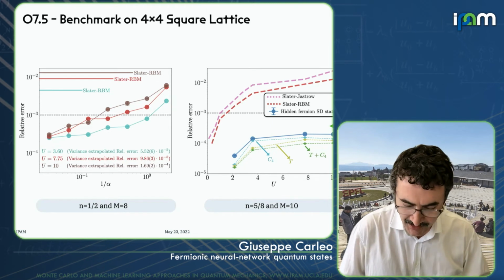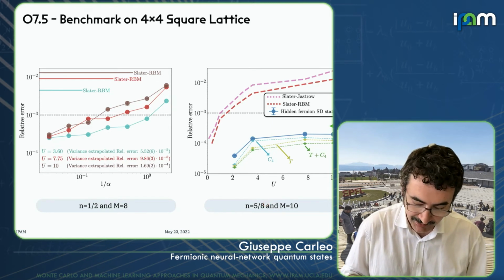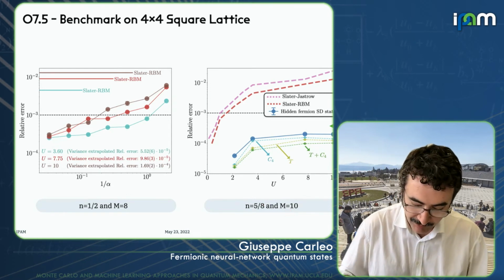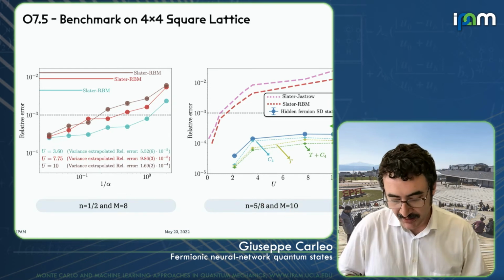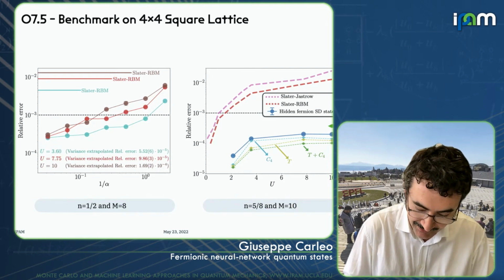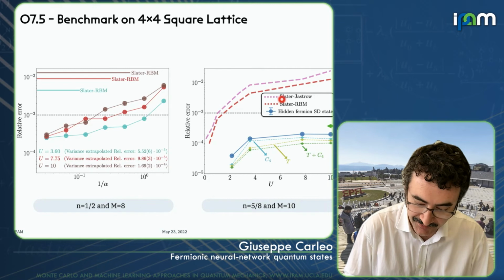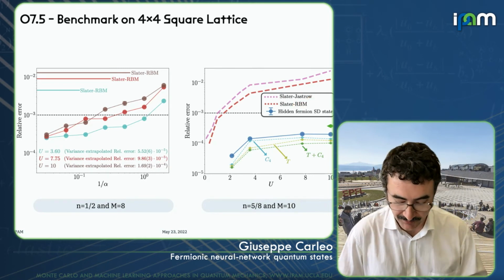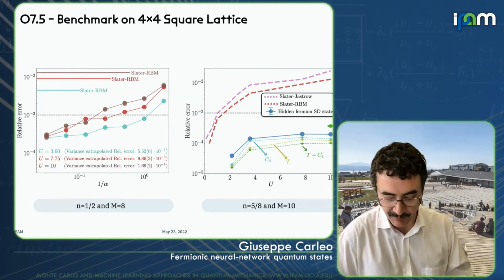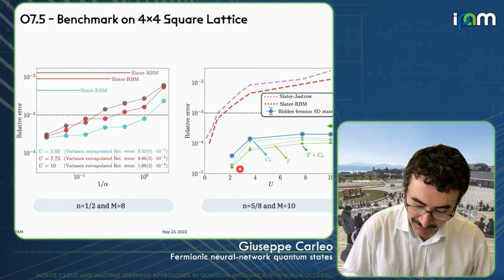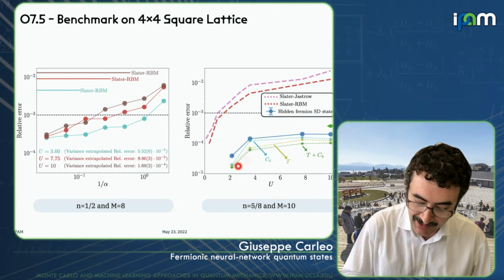You can also see a comparison for the doped case, where we used a bit more hidden units, and the results are again compared against Slater-Jastrow or even Slater-RBM. One of the first applications was done by the group of Imada, and you can see that we can improve quite dramatically, I would say, by using symmetries.